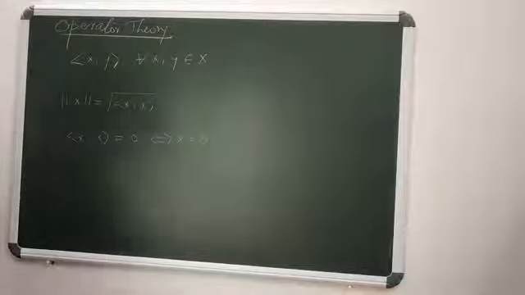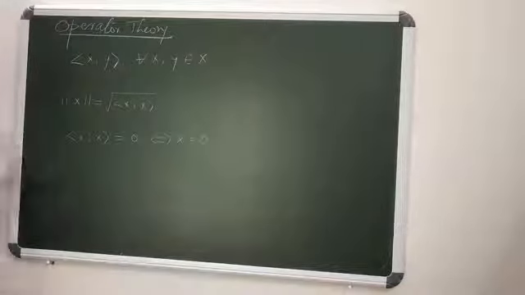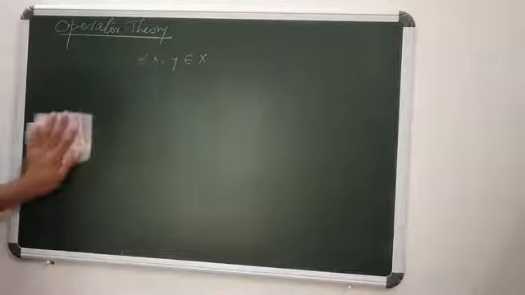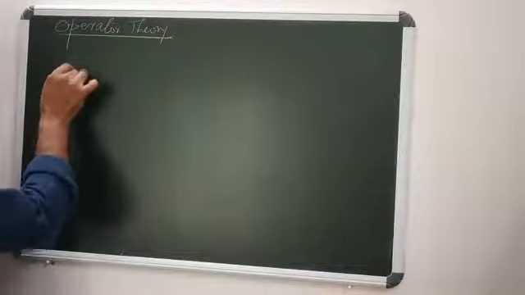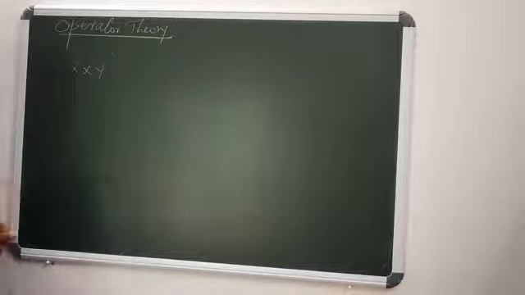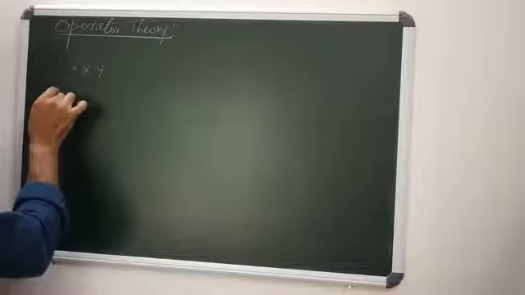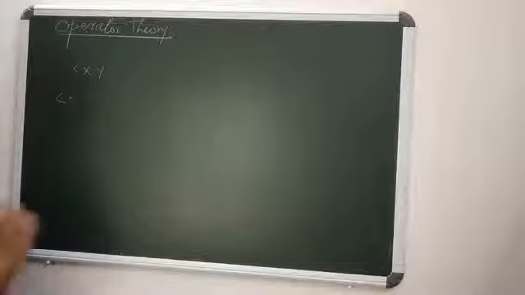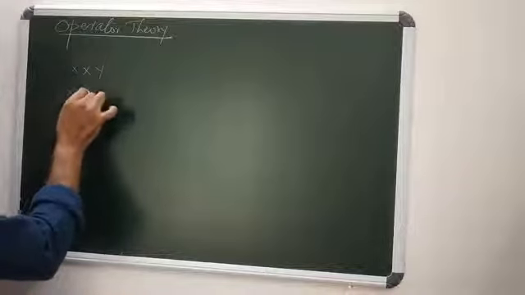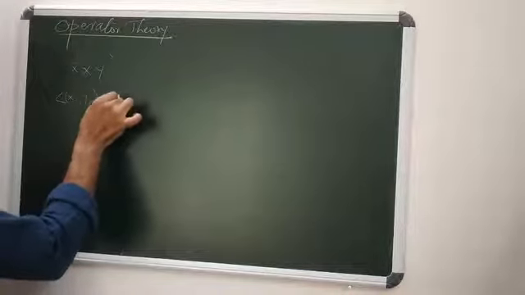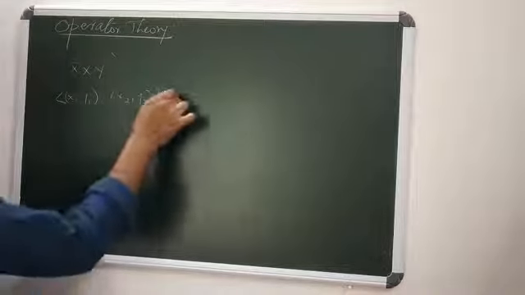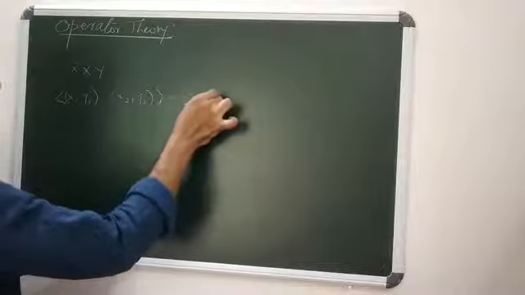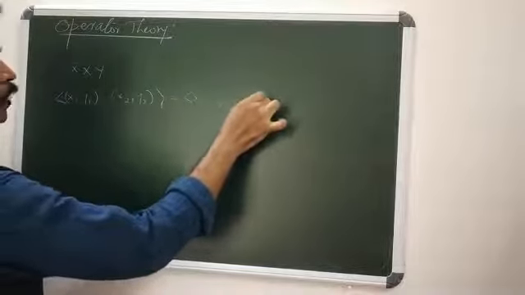Now, if X and Y are any two inner product spaces, then the inner product defined on X cross Y is, consider the inner product of (x1, y1) and (x2, y2), which equals the inner product of x1, x2 plus the inner product of y1, y2.